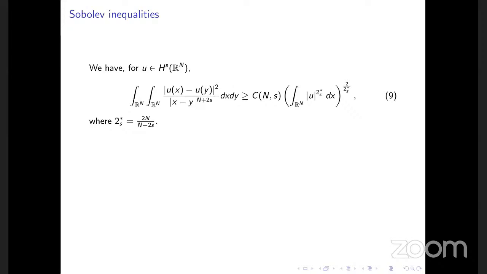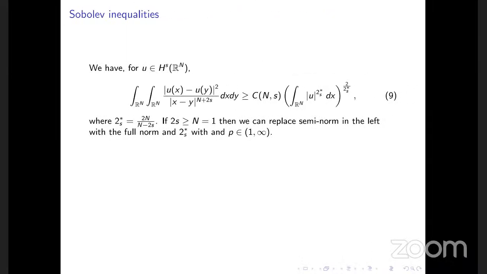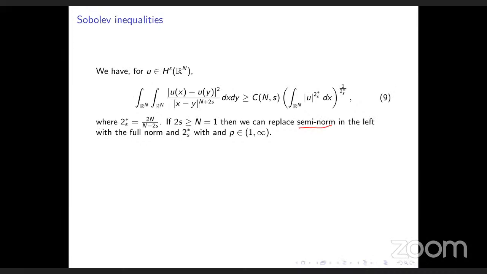So 2 star can be any p, but with p larger than 2. And of course, if 2s is larger than 1, then we can replace the semi-norm with the full norm. So in this case we also have the Sobolev inequality for p between 1 and infinity, which also provides a nonlinear inequality.